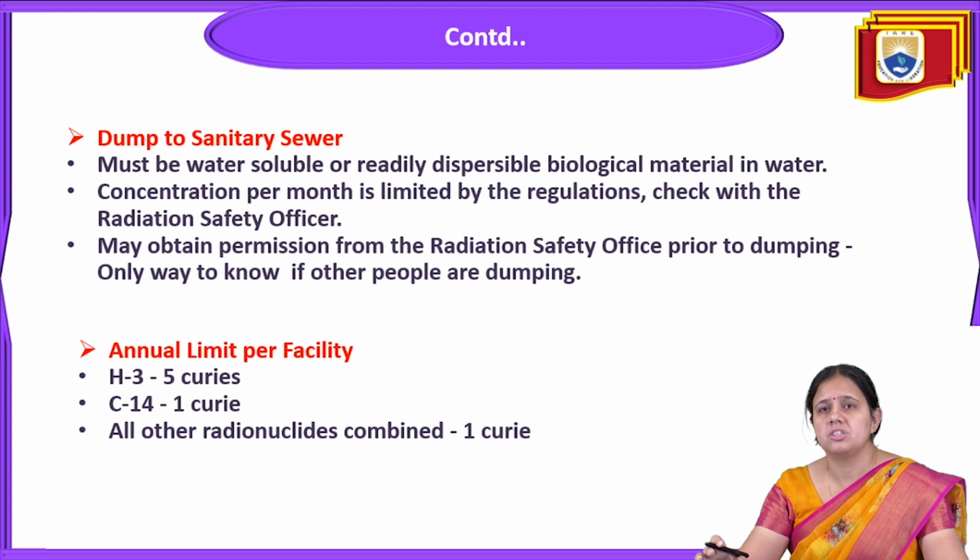So the concentration of waste per month is limited by the regulation, and it should be checked with the radiation safety officer. Before dumping into the sanitary sewer, you should obtain permission from the radiation safety officer. If they allow it, only then can you dump into the sanitary sewer.